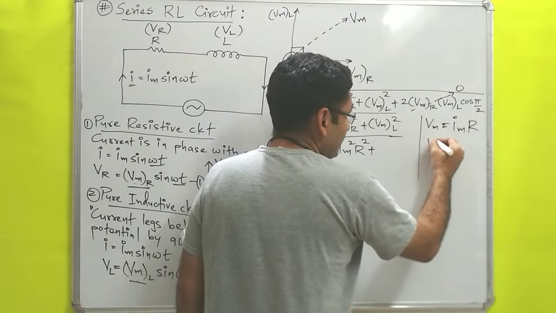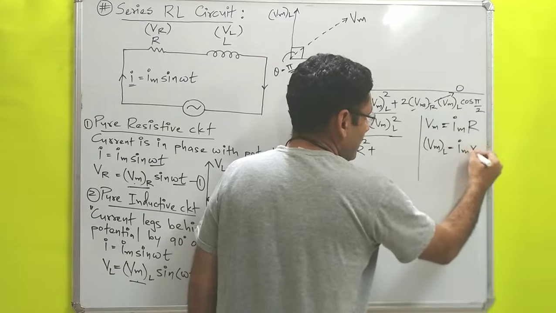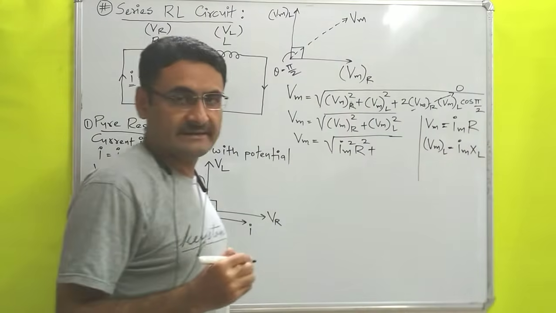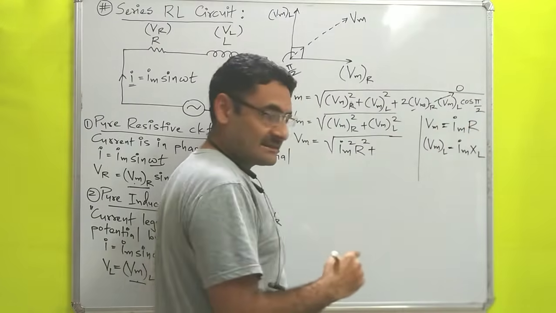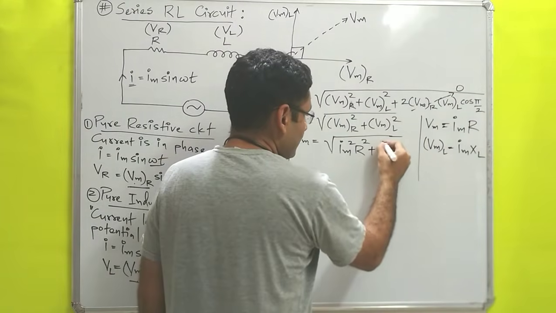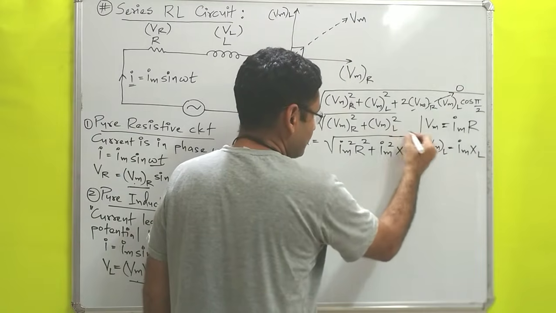So we will write Vm of L is equal to Im into XL, that we have studied, inductive reactance whose unit is ohm, just like resistance. So I will write Im square XL square, square is there, that's why.